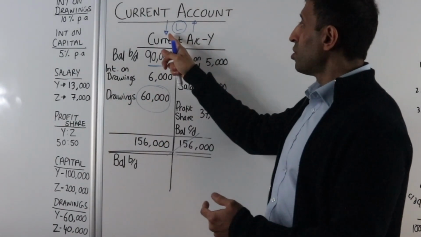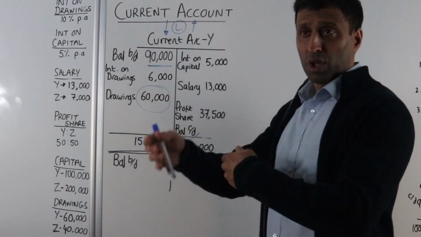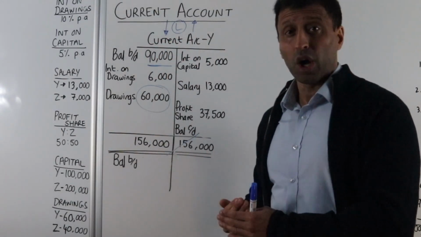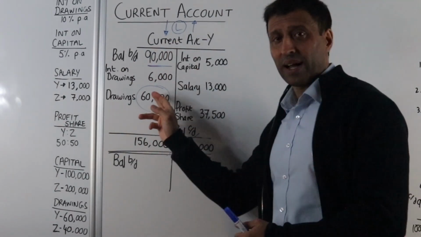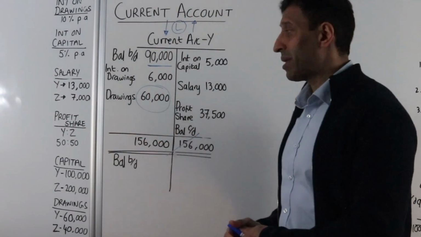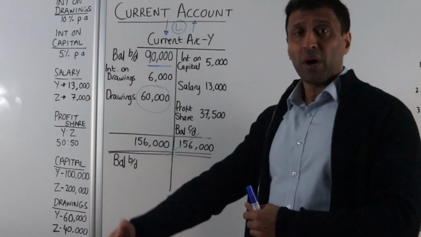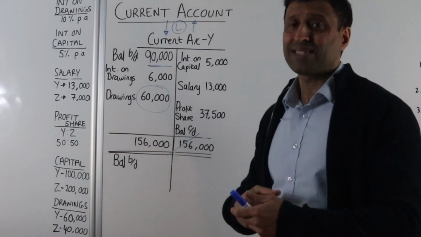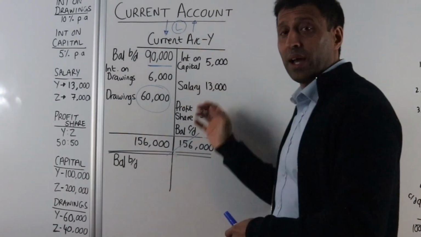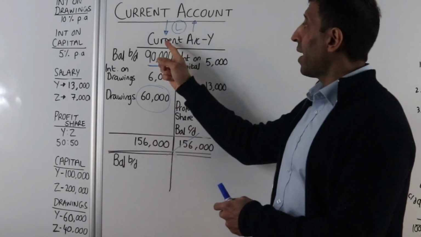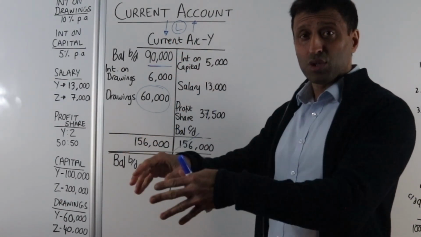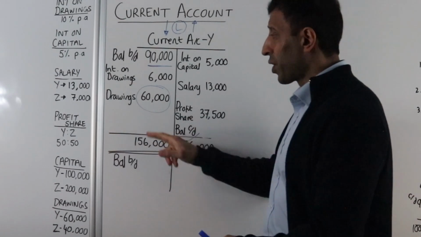So that will reduce the liability of the business to those partners, because this is now the partners owing to the business, essentially. So that reduces the liability, and that entry goes therefore on the left-hand side, the debit side. And any drawings where partners actually take cash or assets out for what they previously earned, any drawings will reduce the liability that the business has to that partner, and therefore goes on the left side or the debit side.